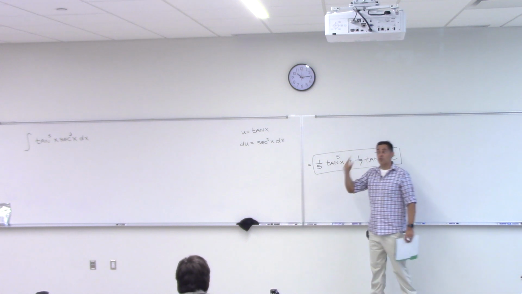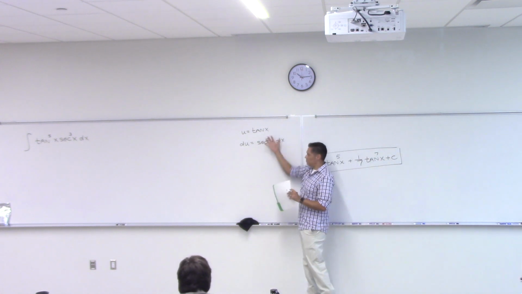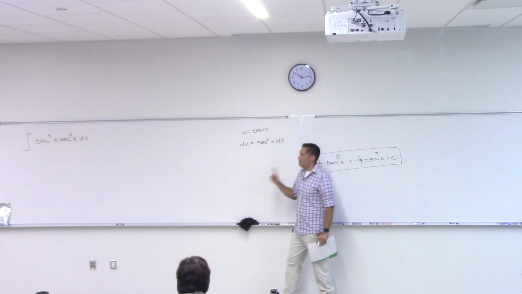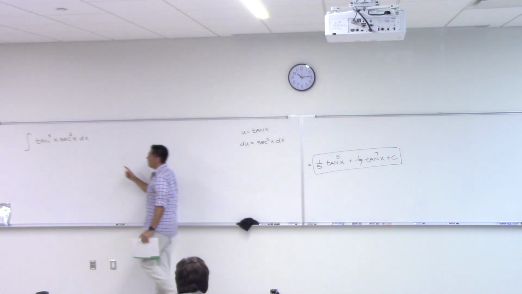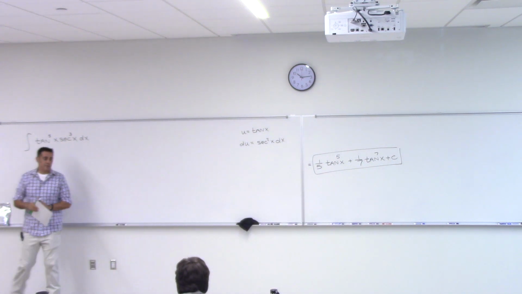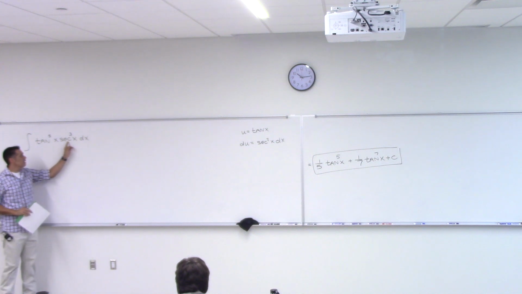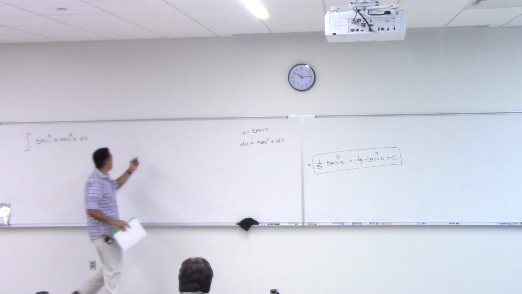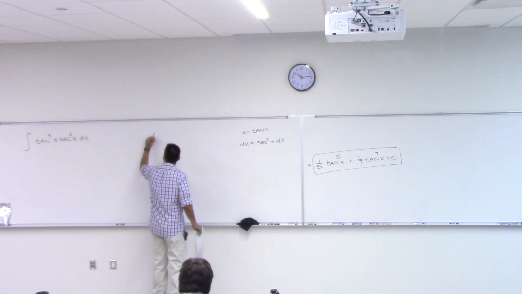Secant squared is the derivative of tangent, which is why we did it, right? Here, because we don't have an even power of secant, it's an odd power, we can't peel off a secant squared. I mean, you could, but what would be the problem? I'm just going to show you why we can't do the same thing we just did.